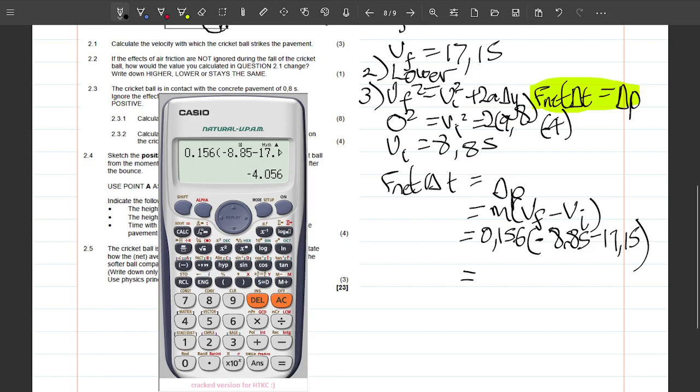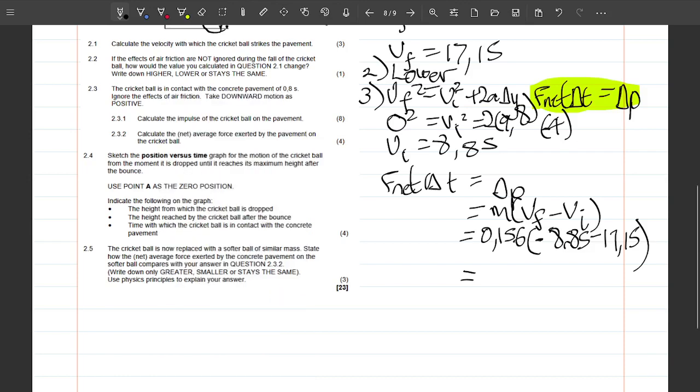I get about 4.06, and negative. We're told to take downwards as positive, so because it's reflecting back up, I'm having an upwards out of the negative answer.